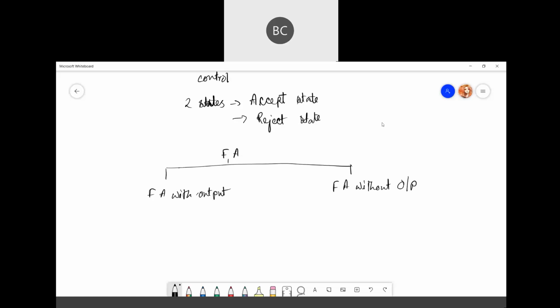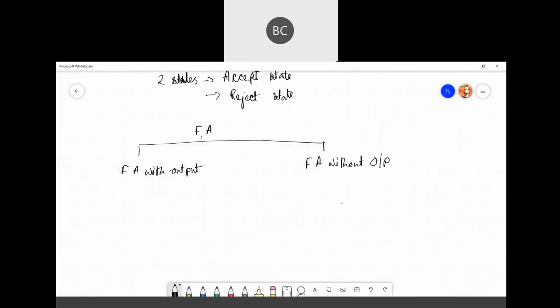We are going to learn about these. In without output, there is DFA, there is NFA, non-deterministic automata, and another one is lambda NFA, an NFA which will accept the lambda empty string.